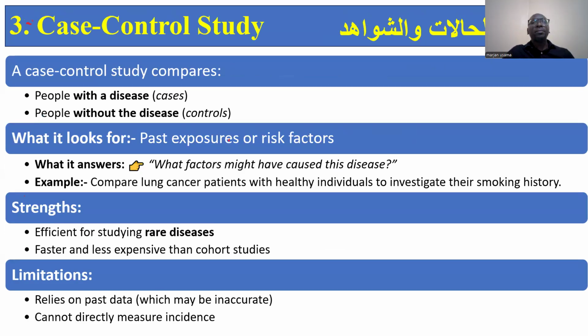Now, number 3 is case control study. So this is dirasatul halat wa shawahid. This is the case control study. A case control study compares people with a disease (cases) versus people without the disease.